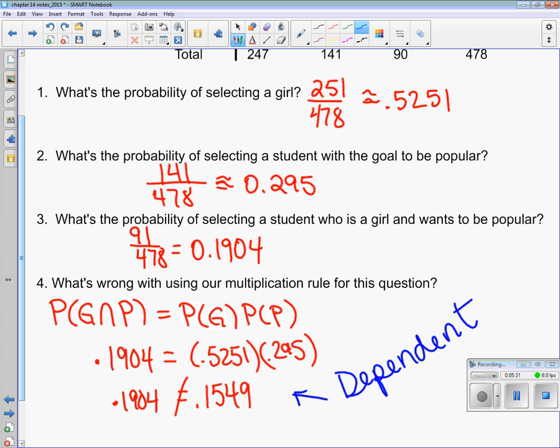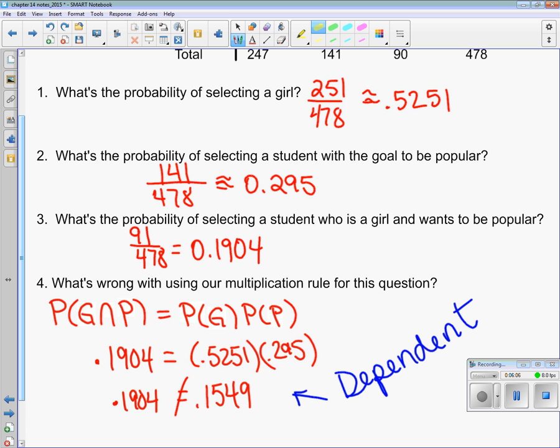Okay? So that's what that shows. Mathematically, that's what that shows. Okay? So if you have dependent events, you can't just use the multiplication rule. That's important. I write that down. This last one right here, just to show you an example of, because it's going to come up. Are two events independent of each other? Here's an example of when they would be dependent.